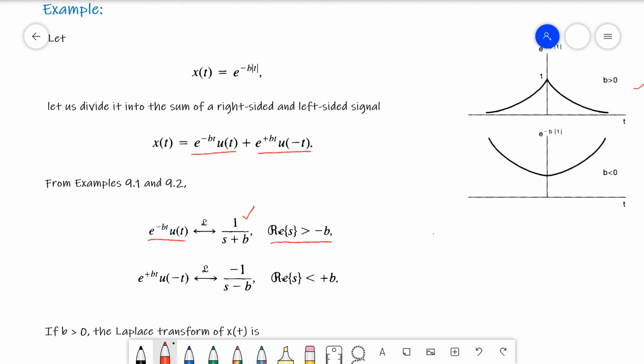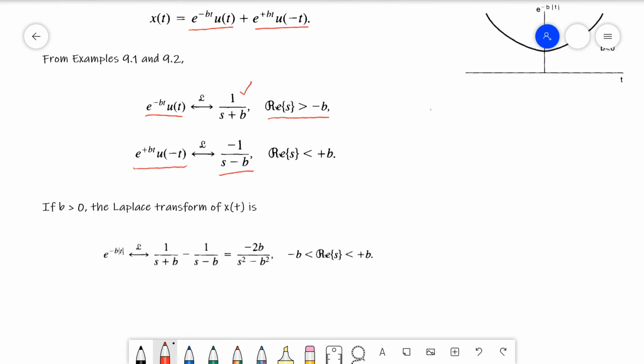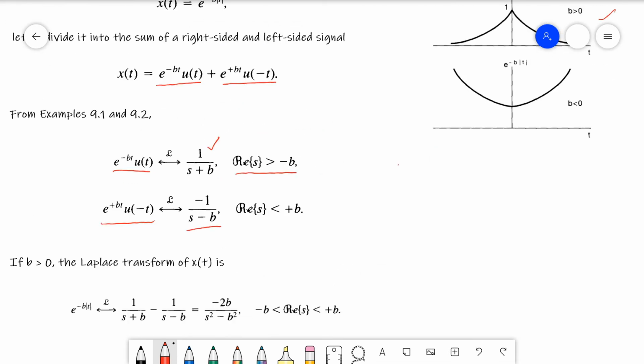And similarly for the other part, we will get this Laplace transform, and the region of convergence will be less than plus b. Now let's suppose b is greater than 0, because if b is less than or equal to 0, there will be no common region, hence the Laplace transform for x(t) will not exist.